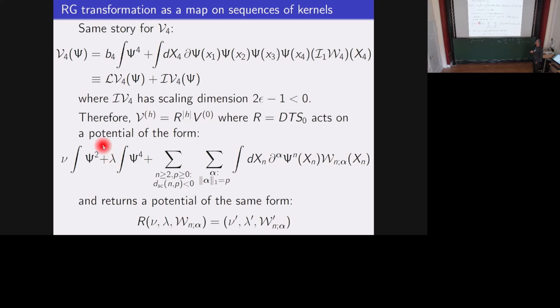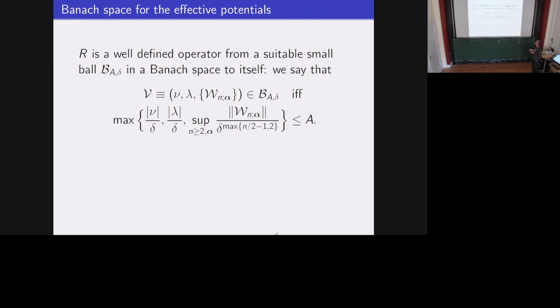We will think of the effective potential after some iteration as an infinite vector whose first two components are this mu and lambda, and all the other components are the kernels of the irrelevant terms. The renormalization group map is a map from an infinite vector of this sort to an infinite vector of the same form. This vector can be thought of as an element of a Banach space using the norms that I introduced above.